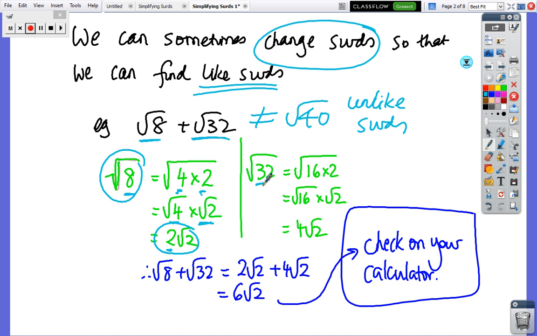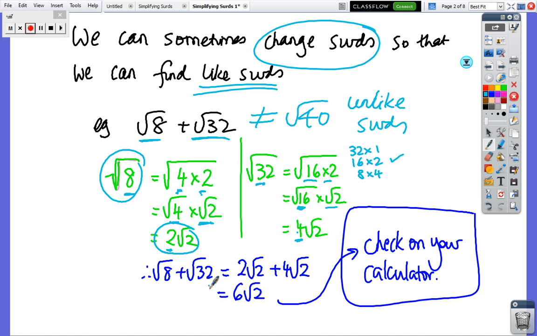Same with 32. 32 is 32 times 1, 16 times 2, 8 times 4, but in this particular case I'm going to use the 16 times 2, and I'll explain why. 16 comes out the front, 2 is left behind, and square root of 16 is 4.